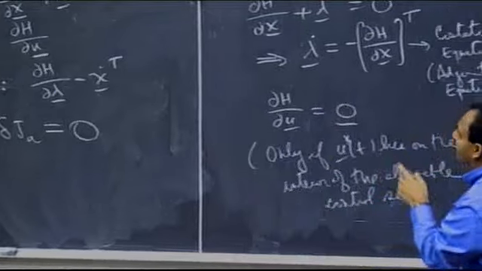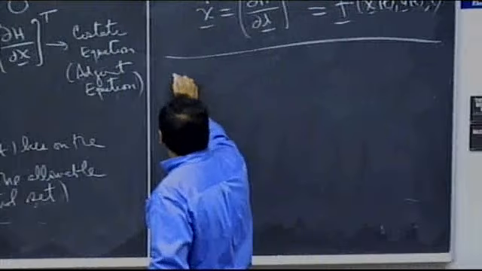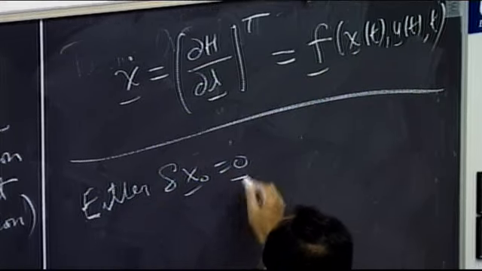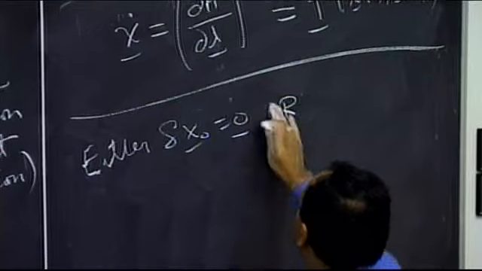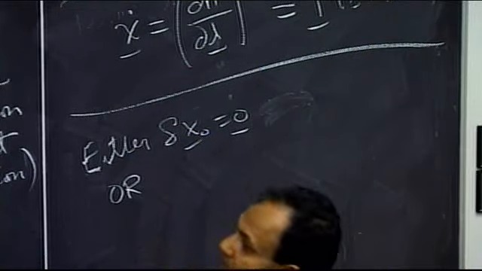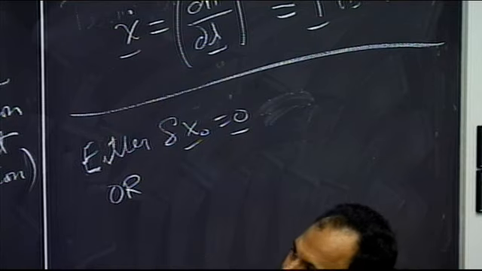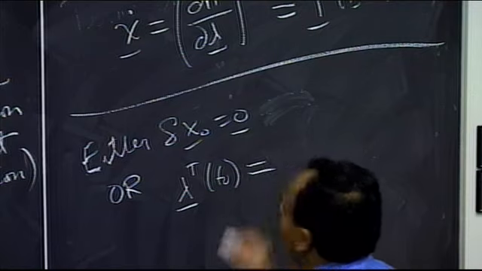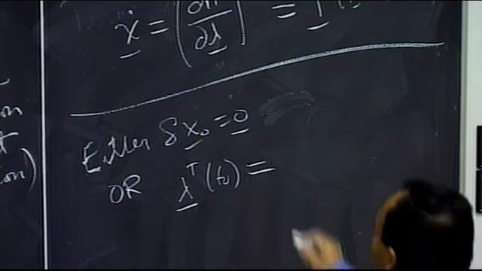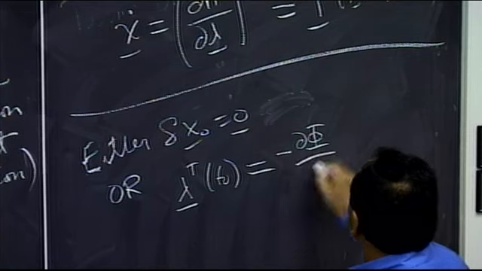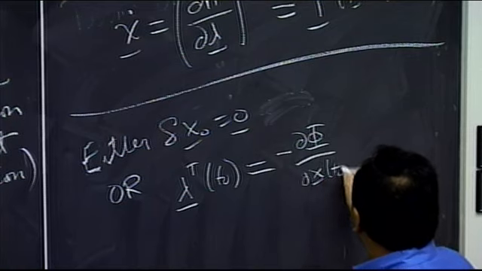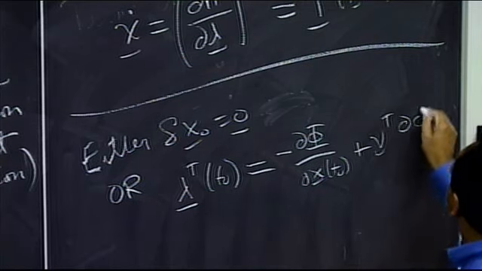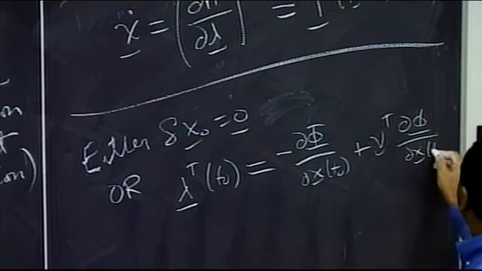What they say is, for variation in x0, either the variation in x0 is 0, or the following condition is met, which is if I set that equal to 0, I get lambda transpose of T0 is equal to minus the partial of phi with respect to x at T0 plus nu transpose times the partial of little phi with respect to x at T0.